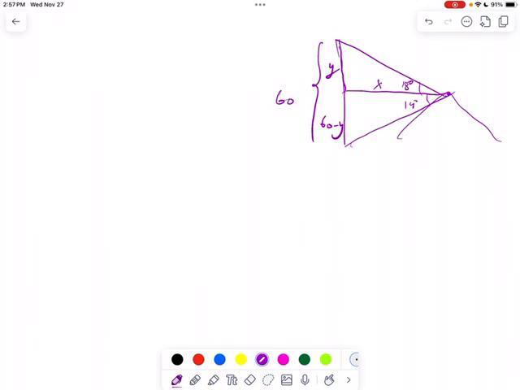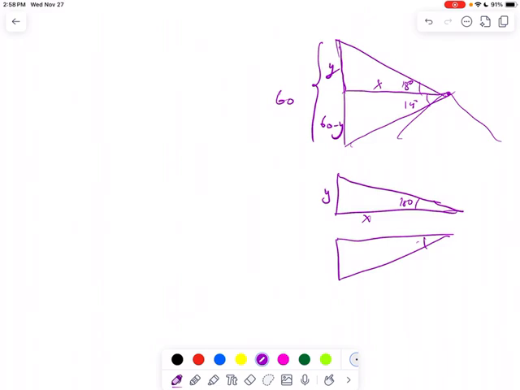So now you can write from the top triangle. Again, you don't even have to split them like this. I did that just to show you which triangles I am talking about. So this is 18 and this is x and this is y, and the other one is 14, and this is x, this is 60 minus y.